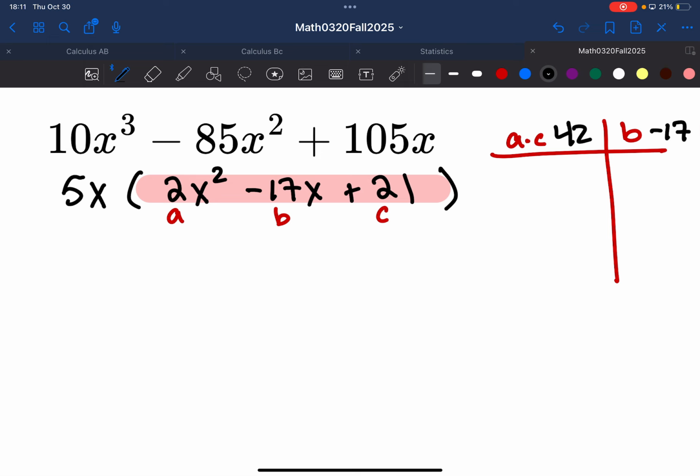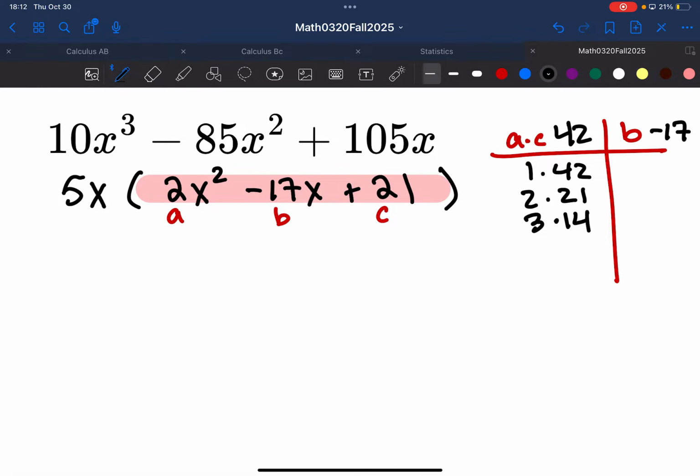So then we think of all of the factors of 42. So we know it's 1 times 42, 2 times 21, 3 times 14. Do we need to continue? No, because 3 and 14, I know will add to a positive 17. Yes.